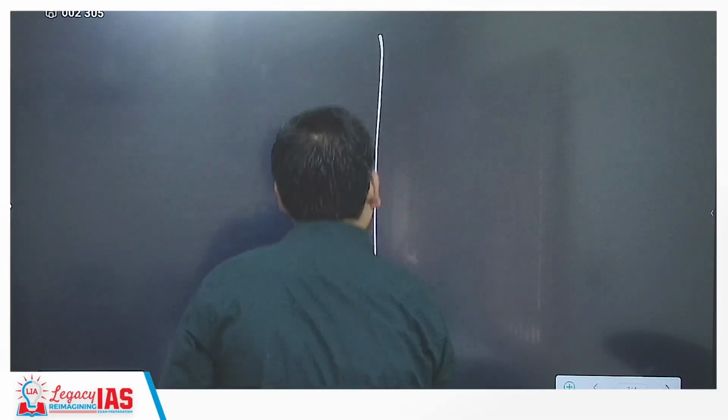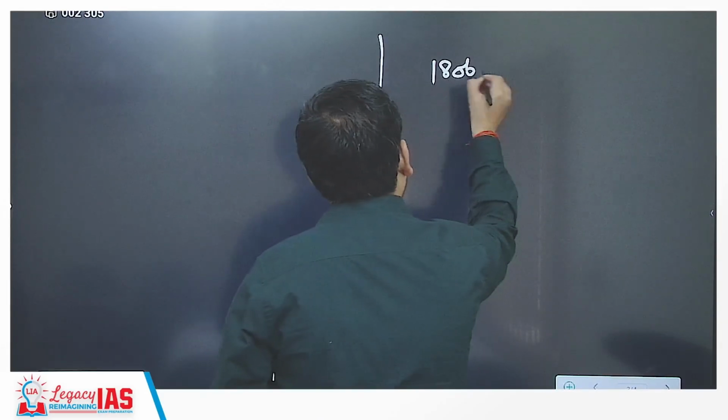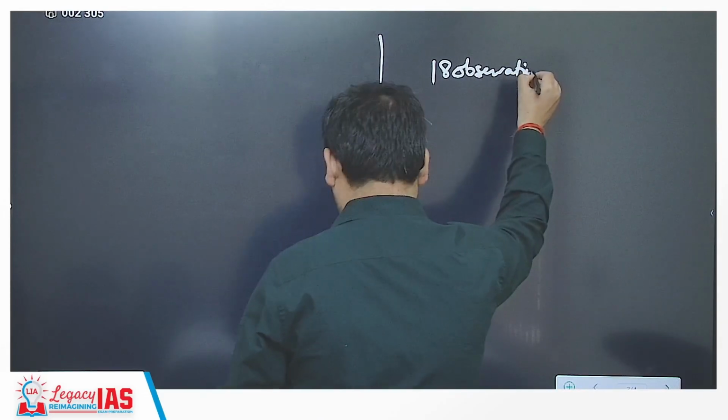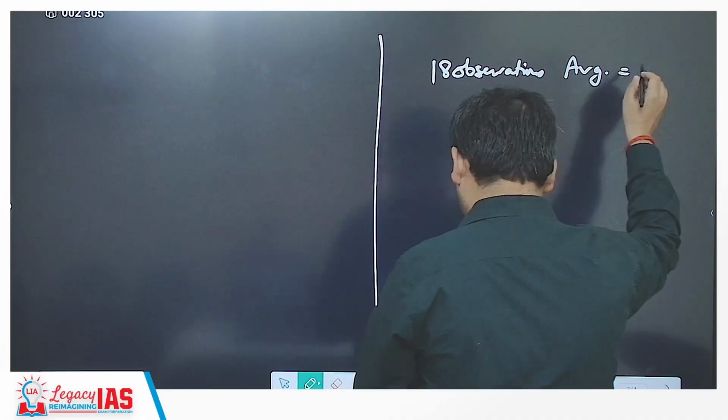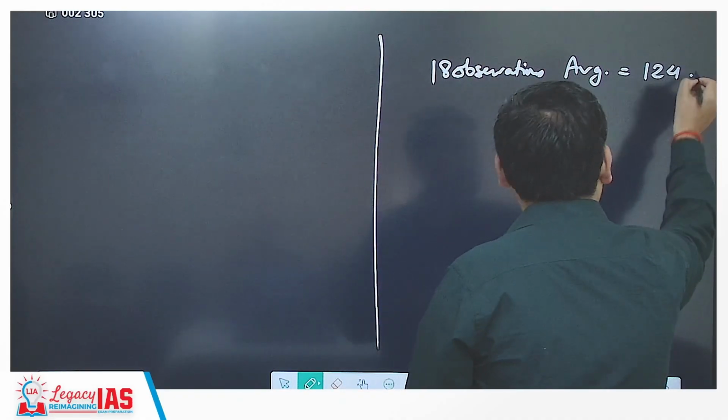So let's write it in short. There are 18 observations and average is 124 for them.